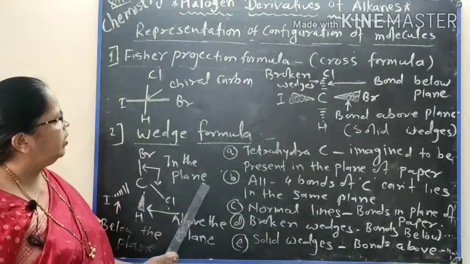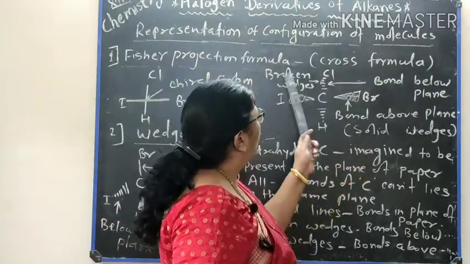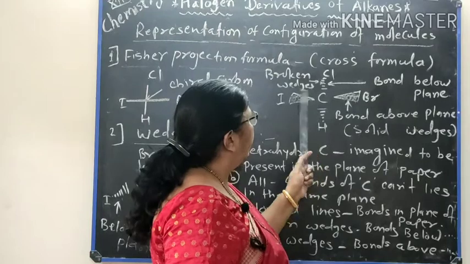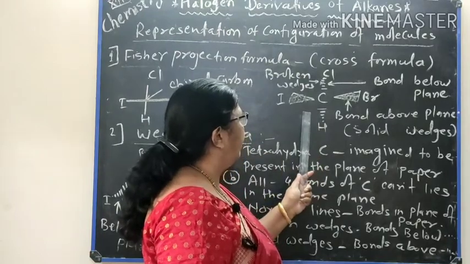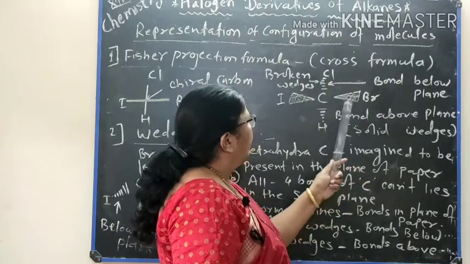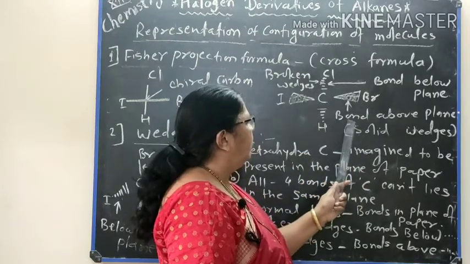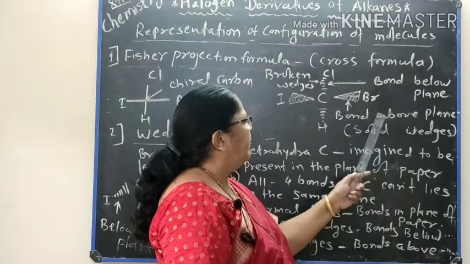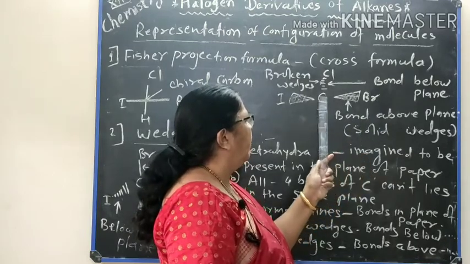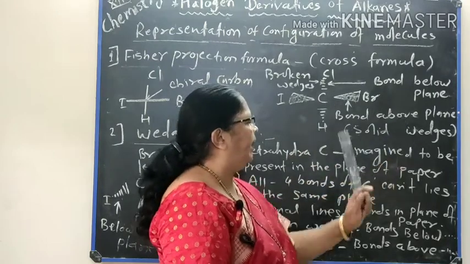Again, this is also represented by solid wedges and broken wedges. See here, the same molecule is represented in this way. When there are solid wedges where Br and iodine are attached, it is shown that the bonds between carbon and Br and iodine are above the plane.